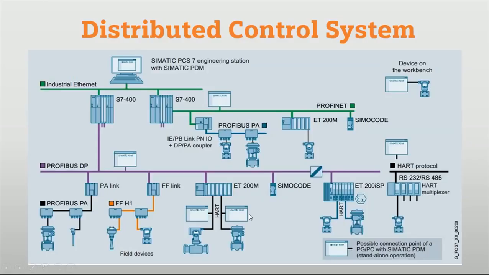You can see here we have used different communication protocols like AS-Interface and HART interface, Profibus DP, okay, and we have also used Profibus PA and DP. So these are the distributed control systems. Also we have used a distributed IO system and Simocode kit. So throughout the network we have different communication protocols and different networking devices, and all are connected with the main automation station. And with the automation station we can connect HMI or operating stations for monitoring and controlling the process.